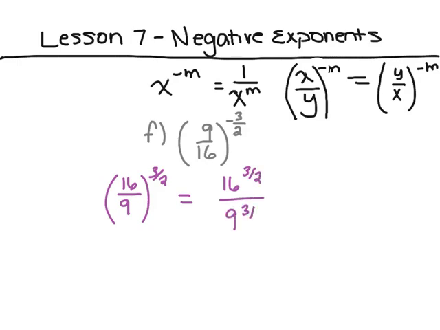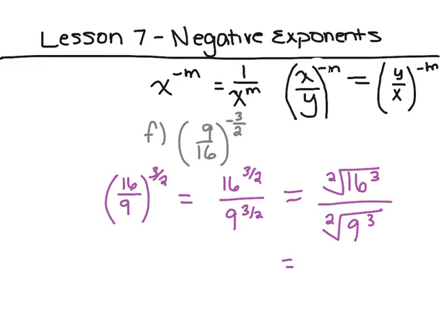Now we're going to make it into a radical, because it's a fractional exponent. So 2 is our index, and 3 is the power. 16 to the power of 3 is 4,096, so the square root of 4,096, and 9 to the power of 3 is 729.